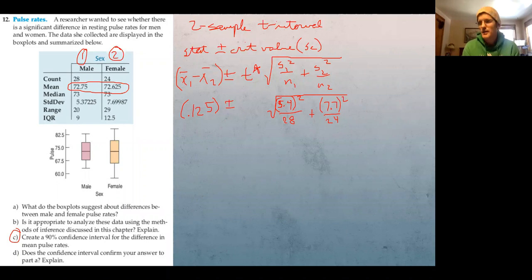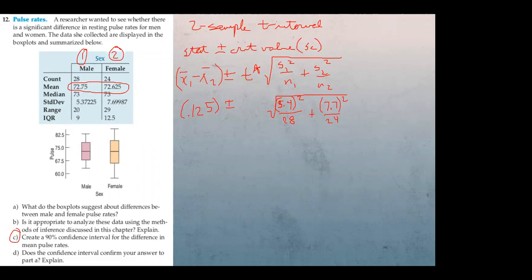Okay. And my question is, if we didn't want to bother with technology and we just wanted to pick the most conservative value that makes sense, what degrees of freedom would we use? 23.